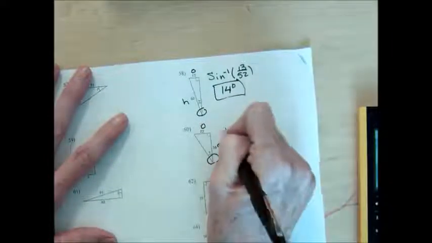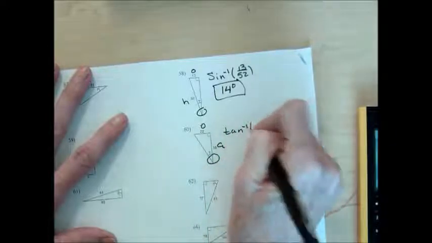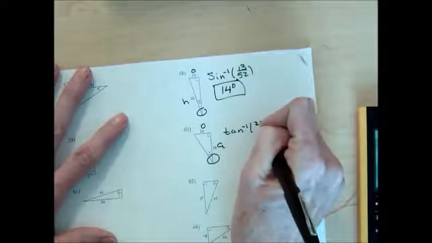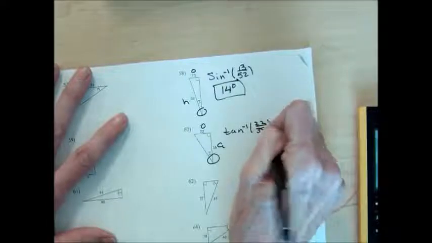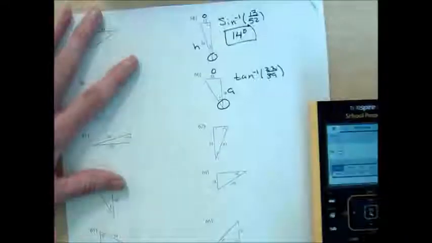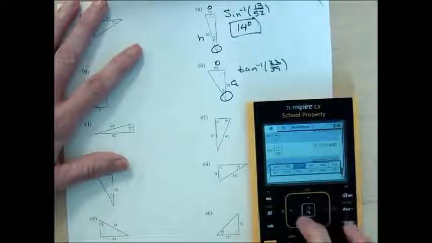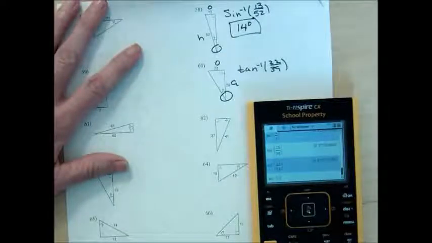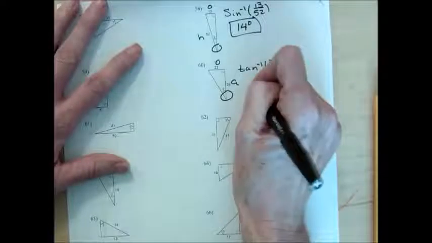Opposite and adjacent are tangent. Tangent inverse 22 over 39. 29 degrees.